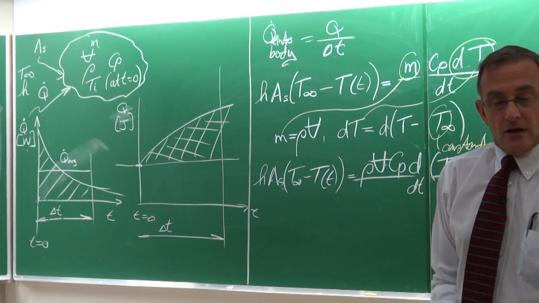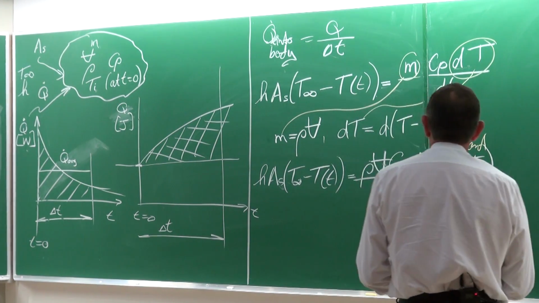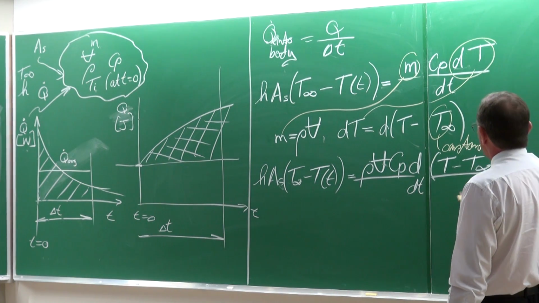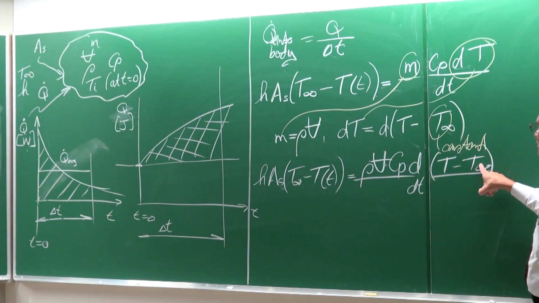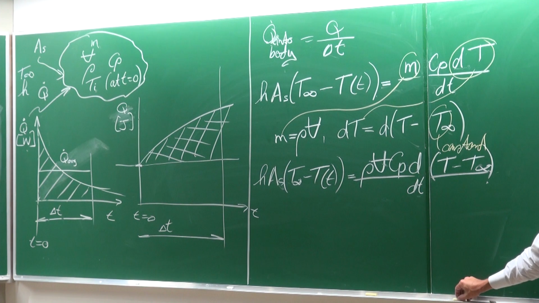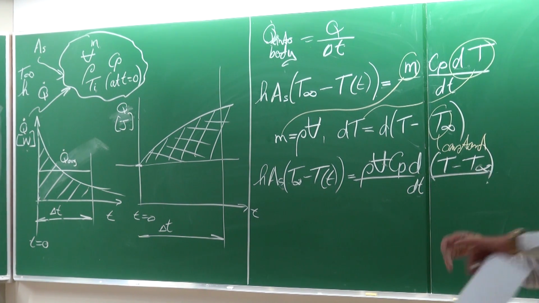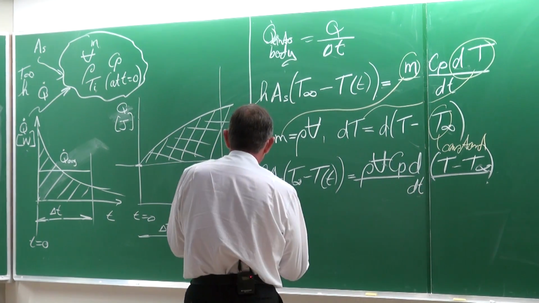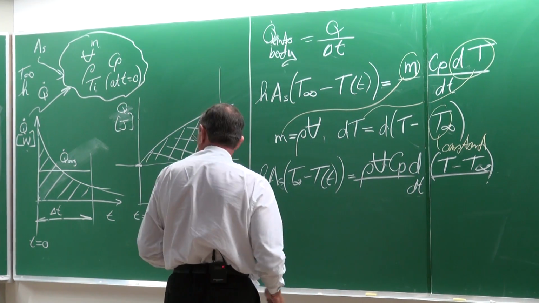Right. So maybe you can see where we're going with this. Here we've got a d temperature and there a dt, so we would like to integrate it, so we're going to move the two terms separately. Let's put the temperature terms to the left.